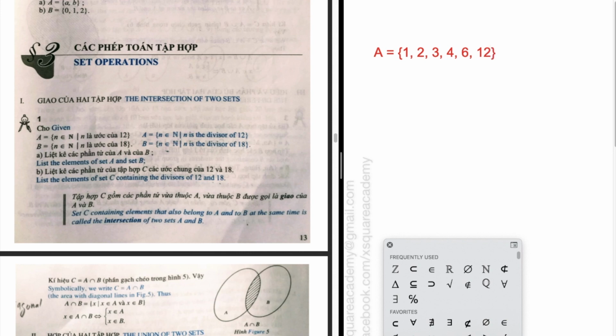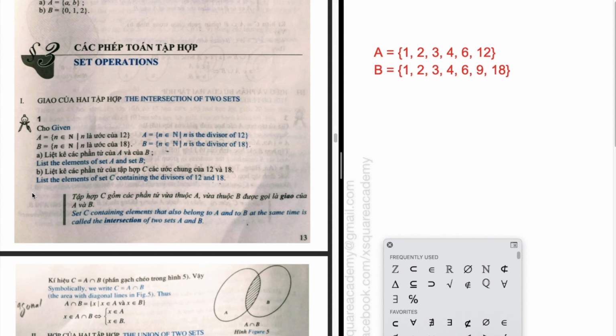And set B contains, of course, 1, 2, 3, 6, 9, and 18.